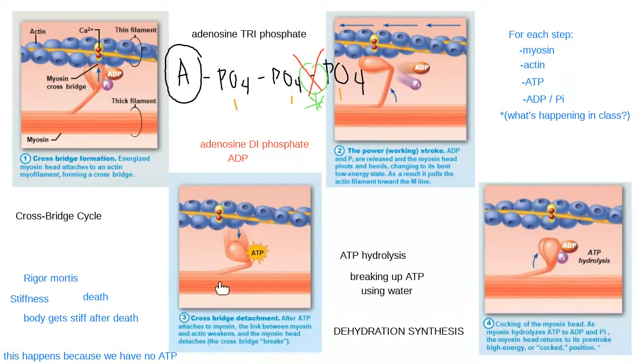If it's always stuck in this bent position, it's not going to be able to reach up and grab actin. So ATP initially is needed to make me let go of actin, but once I chop it up, then I can use that energy it had to form a cross bridge and actually attach to actin again.